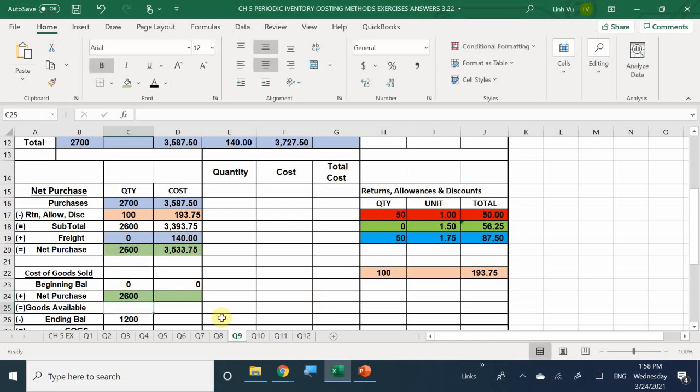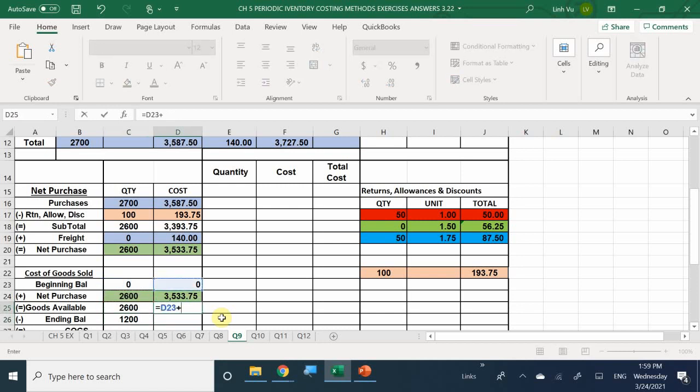So I'm going to pick up that number, cell referencing it, okay? And then now I'm going to add it to my formula. I'm going to say that we have to add our beginning plus our net purchases to get our goods available. And in this case, I'm adding 0 to these numbers.